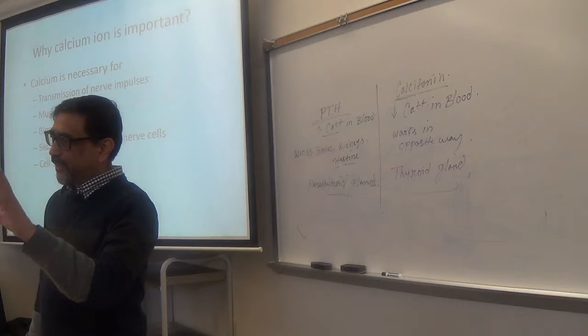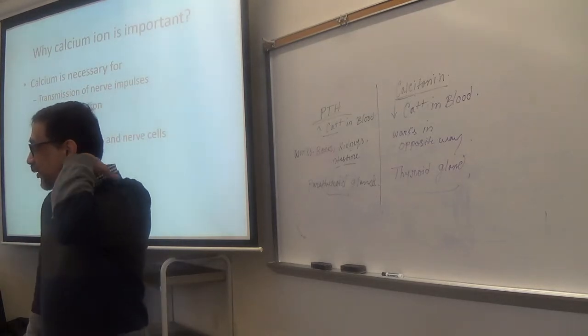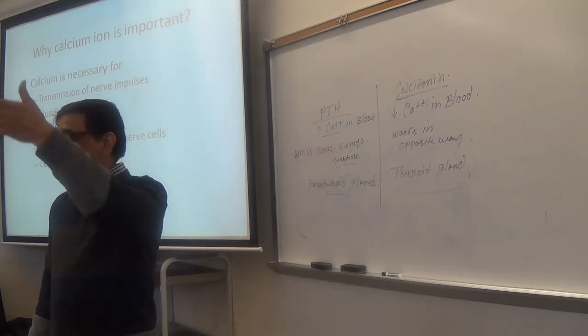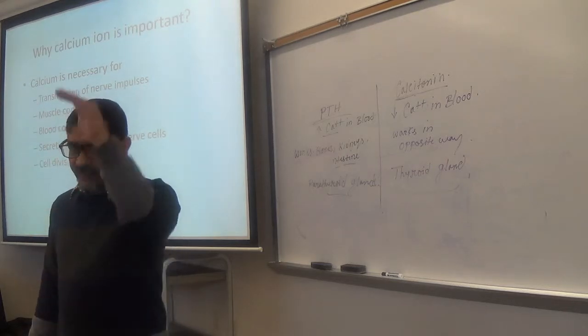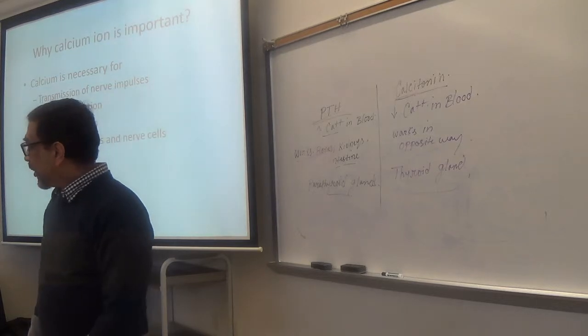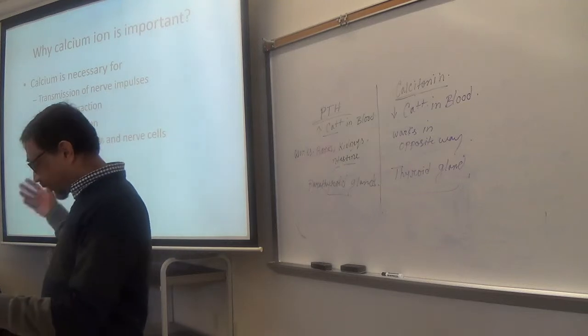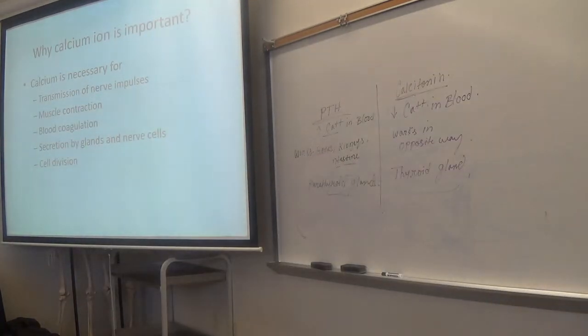So calcium has a number of important functions in the body. If the calcium concentration goes down, that is called hypocalcemia. Hypo means lower. Hypocalcemia is a condition where muscle paralysis occurs, nerve signal transmission is slowed down, and a lot of problems occur.